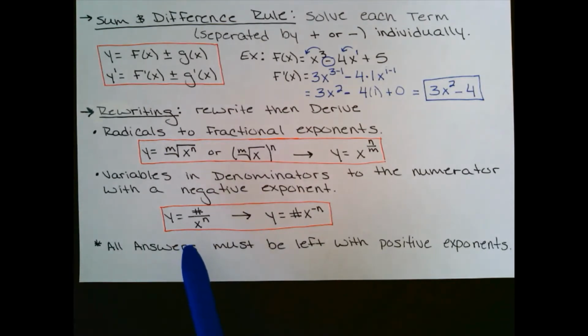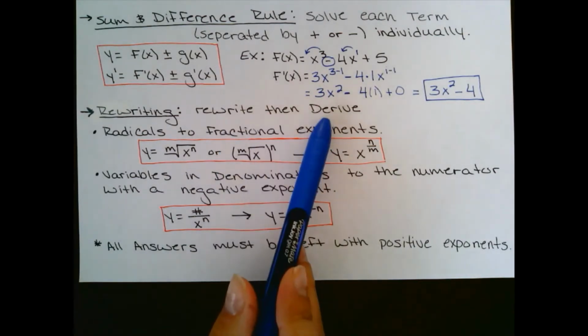For fractions, if the variable is only in the denominator, you're going to move it to the numerator with a negative exponent. So for example, if I had a number over x squared, I could put that number times x raised to -2. I am allowed to move a variable, changing its place from numerator to denominator or vice versa, as long as I change the sign of the exponent. Okay? So once you do your rewrite, you're going to do your derivative.